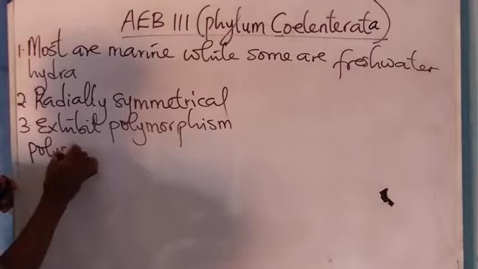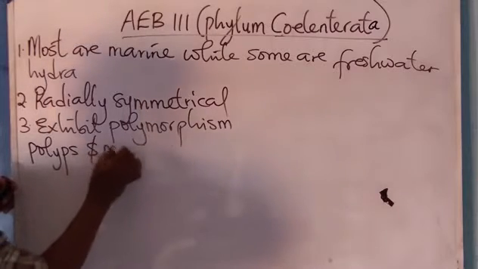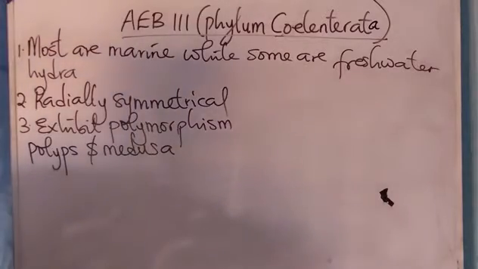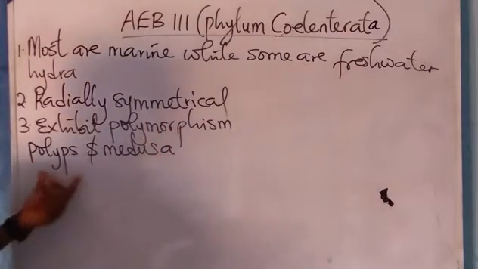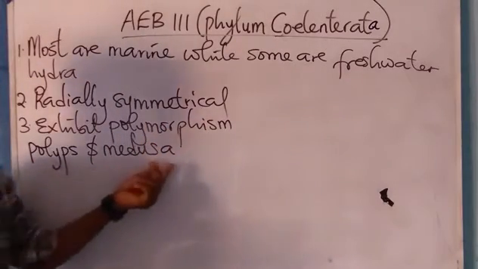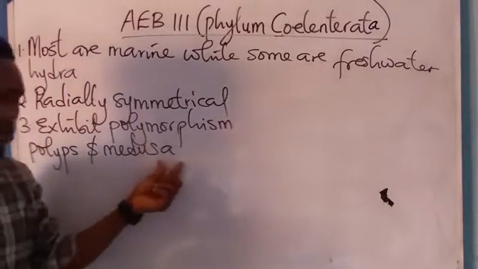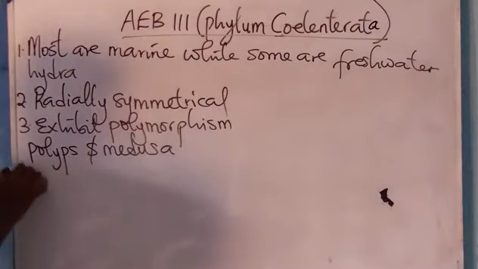Some organisms are polyps, while some are medusa. Some of these coelenterates are polypoid, while some are medusoid.